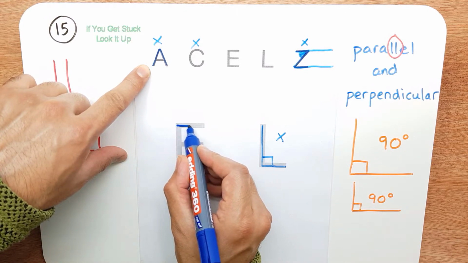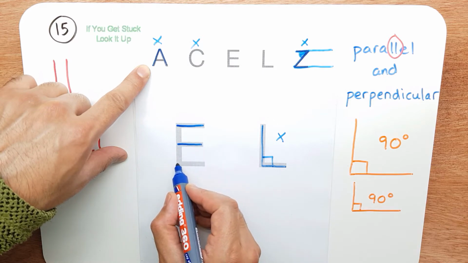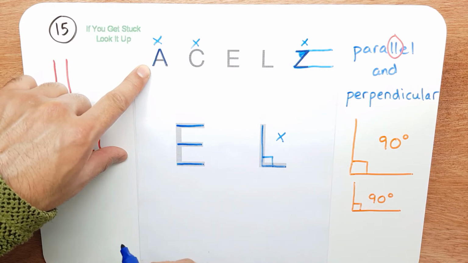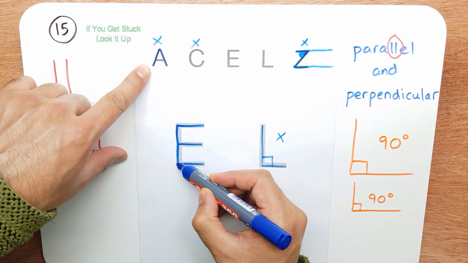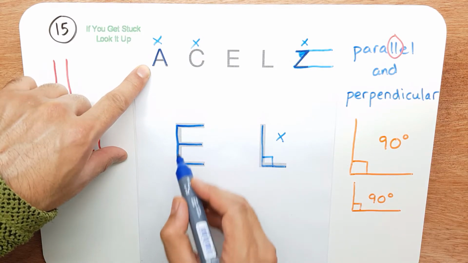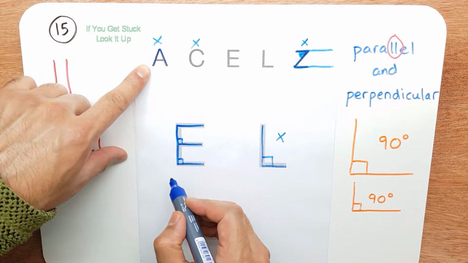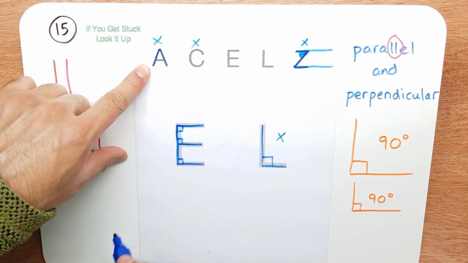I can see the top line in E, the middle line in E, and the bottom line in E are parallel. That's good. And if I look carefully, the line joining all these 3 is perpendicular. Look, you've got 90 degrees there, 90 degrees there. And if you look carefully on the inside, we can draw a right angle there.